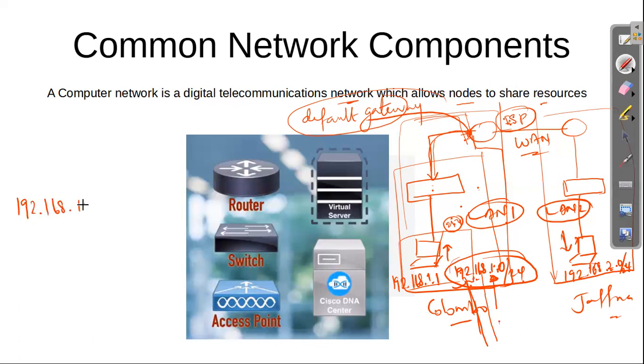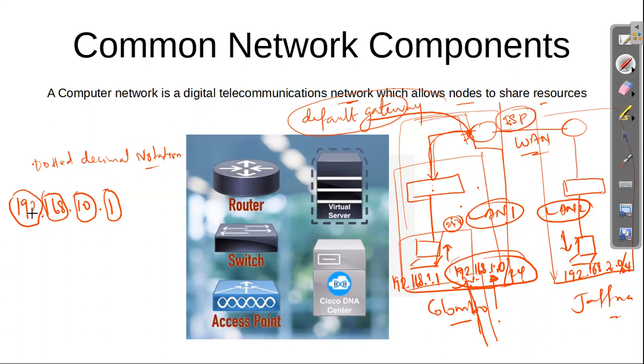For example 192.168.10.1, meaning there are 4 octets: 1, 2, 3, 4. There are 4 octets in an IP address. This is called dotted decimal notation.